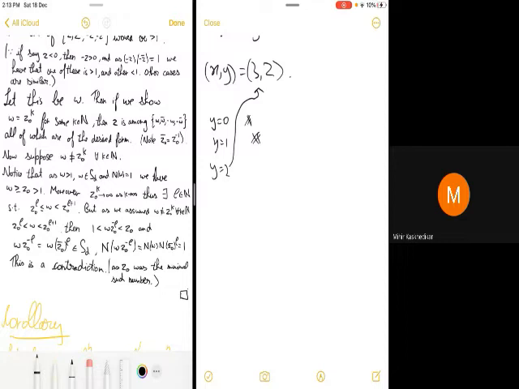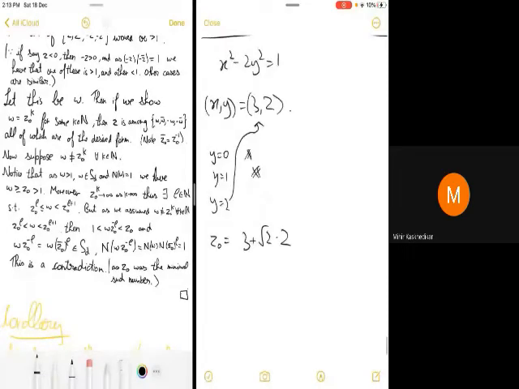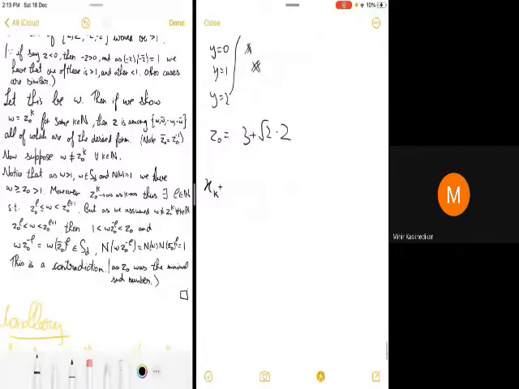And I showed earlier that for the minimum value of y, this z naught equals 3 plus root 2 times 2 would be the minimum solution to Pell. So all the solutions are of this style. By k I mean the kth solution, so you'll see what the kth solution means in increasing order.